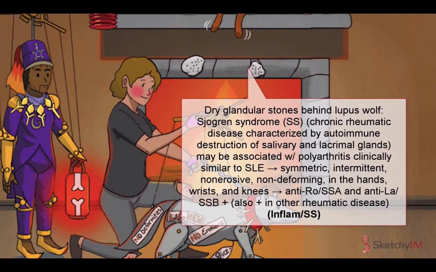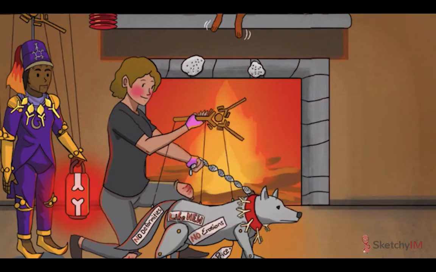These dry, glandular looking rocks represent the dry mouth and dry eyes experienced by patients with Sjogren's syndrome, a chronic rheumatic disorder characterized by the autoimmune destruction of salivary and lacrimal glands. About 50% of patients with Sjogren's will develop polyarthritis or arthralgias, but the picture is pretty similar to lupus.